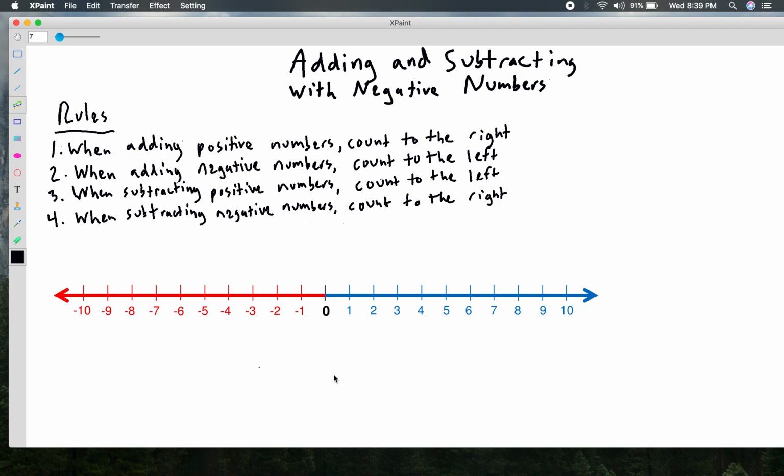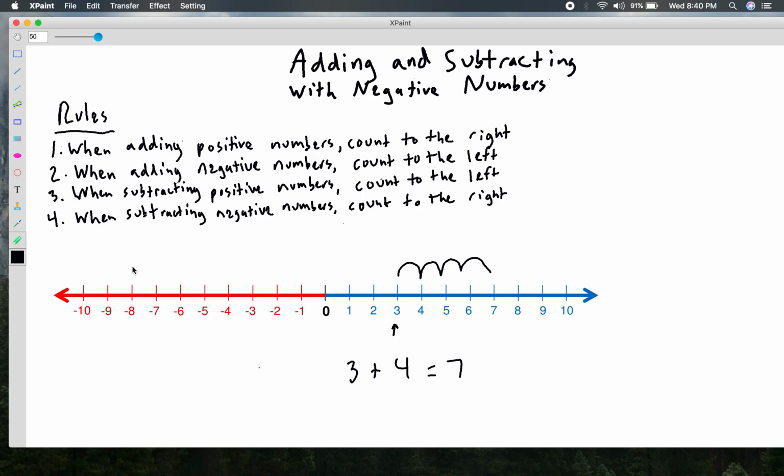So let me give you an example of that. 3 plus 4. 3 is here. Add 4 to it: 1, 2, 3, 4. We get 7.